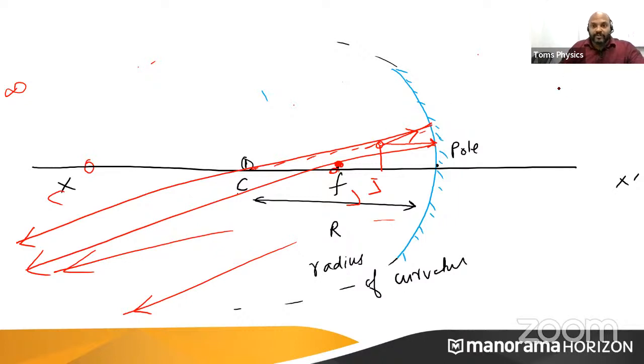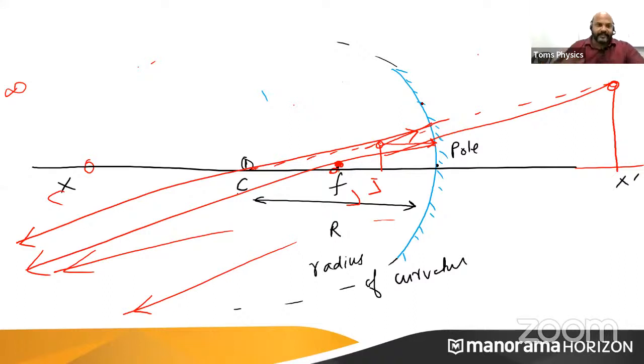This will form a virtual image, right? If you produce these rays backwards, they will meet at some imaginary point and this will be your image. This is not forming in front of the mirror. You cannot put this image on a screen, right? This is a virtual image. Is it erect or inverted?